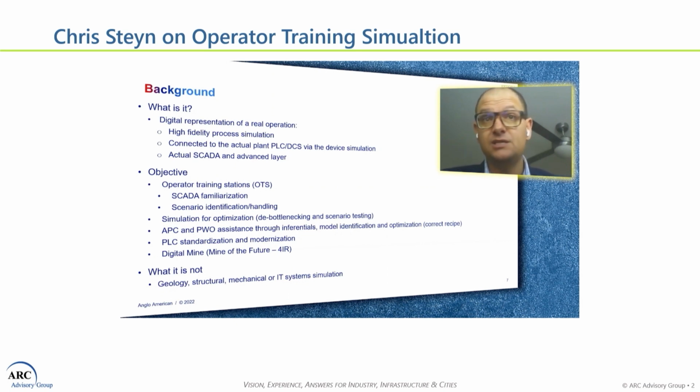The PLC standardization is also something that is very close to our hearts, as it becomes extremely useful doing PLC standardization and modernization in an offline plant. And then the ultimate goal is having a digital line, and it won't be a presentation about a digital twin if we don't throw in buzzwords such as the fourth industrial revolution, which is something we absolutely subscribe to.